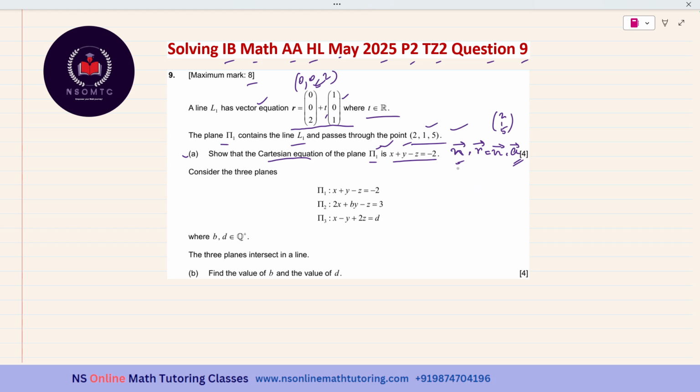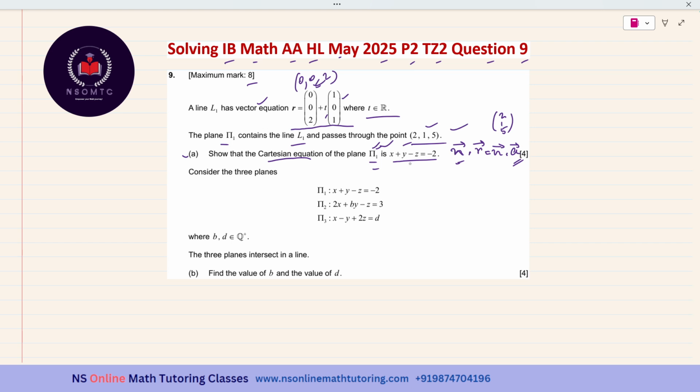If we can get two non-parallel vectors which lie in this plane pi 1 and take their cross product, that cross product vector will be perpendicular to both vectors, and so perpendicular to any vector lying on the plane pi 1. So it will be perpendicular to the plane pi 1.